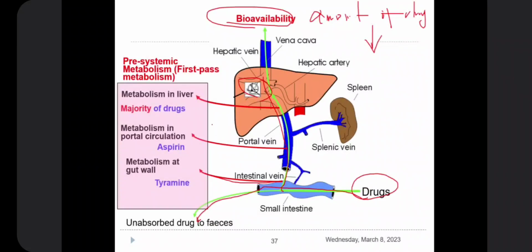This we call first pass metabolism. Okay, do you understand that? What's the meaning of first pass metabolism?